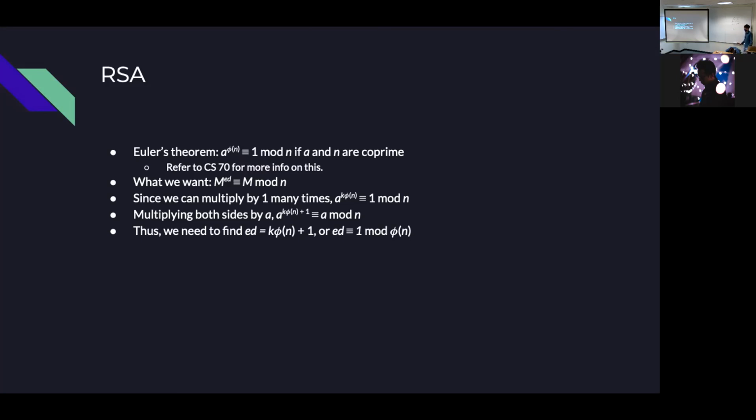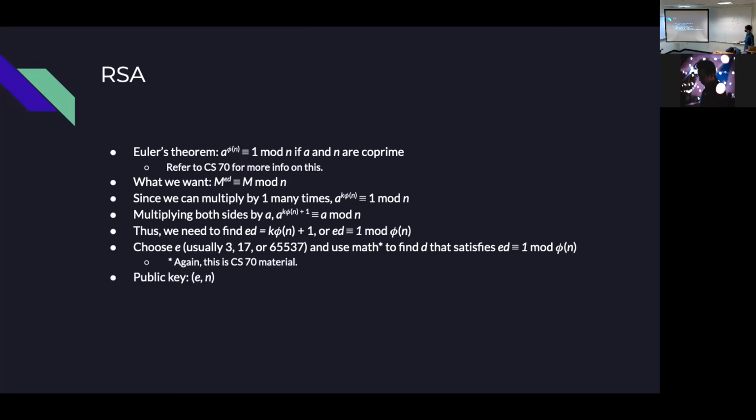And we can do this in any number of ways. Because we have two free variables here, we're just going to choose some value of E. And the math is out of scope, but we can find some D that when you multiply them together are equivalent to 1 mod phi of n. Again, that's the extended Euclidean algorithm if you're really curious.